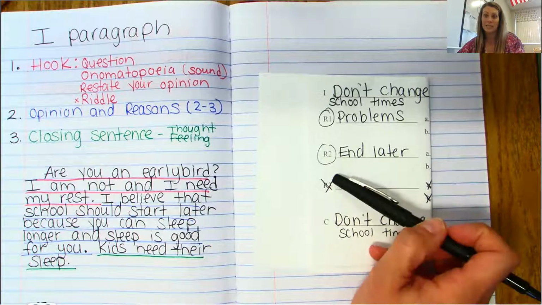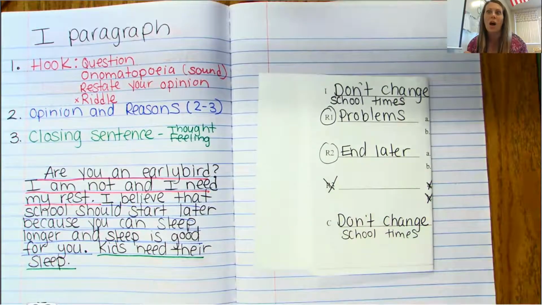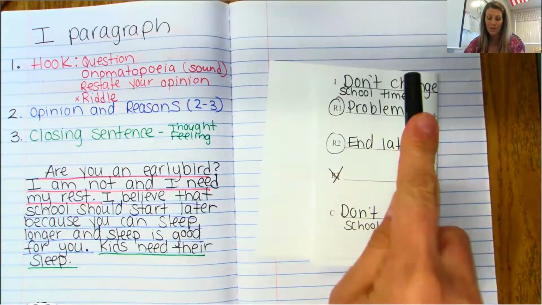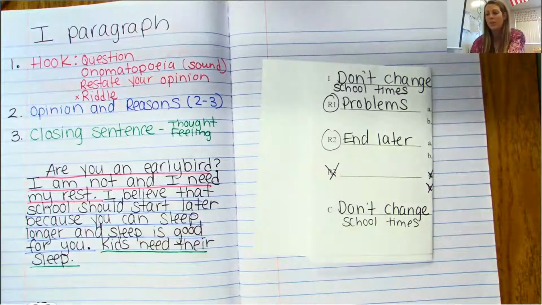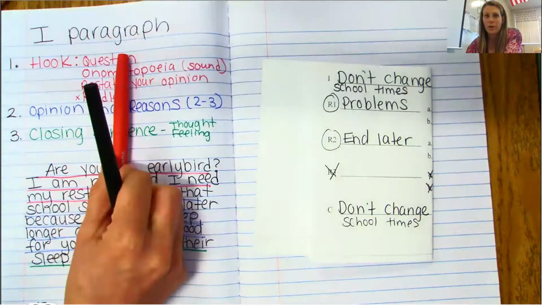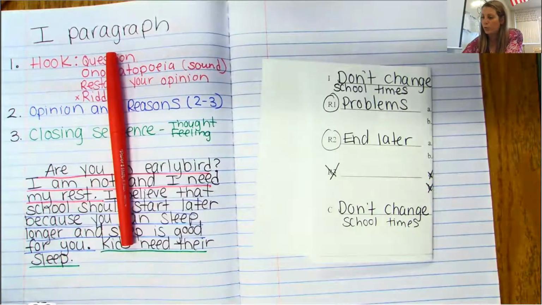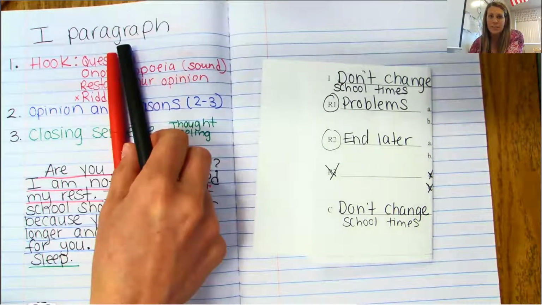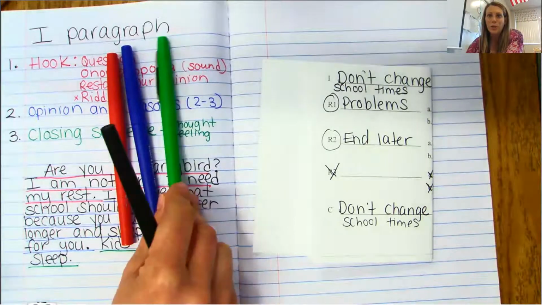You have to make the sentences make sense, okay? And then a nice closing with your thought or feeling about not changing the school time. Okay, guys? And then don't forget to color code those in red for the hook, blue for the opinion and reasons, and green for your closing.